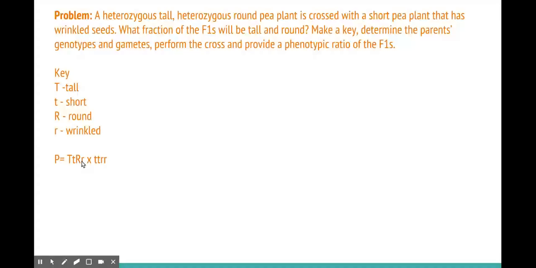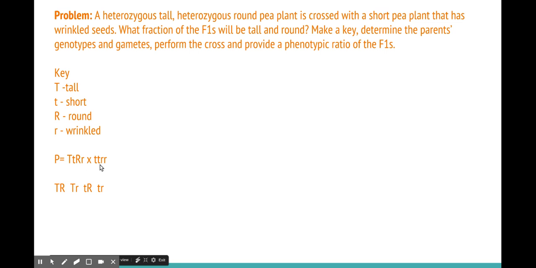This parent plant could produce a gamete that has a little t and a big R. And the last possible gamete for this first parent, that's heterozygous tall, heterozygous round, could have recessive alleles in it, little t, little r. So there are the 4 possible gametes that the first parent could make: big T, big R; big T, little r; little t, big R; and little t, little r.